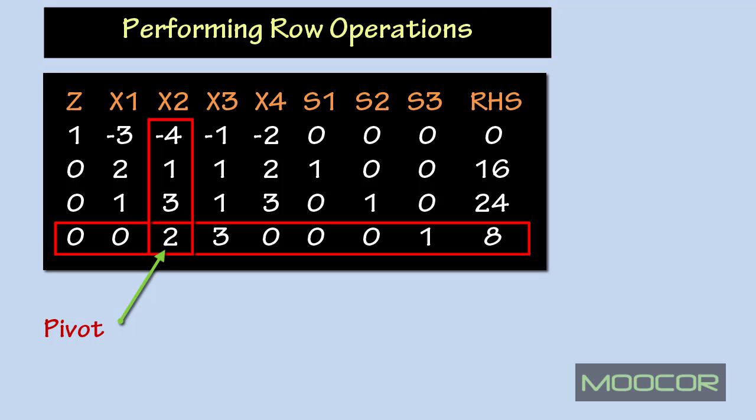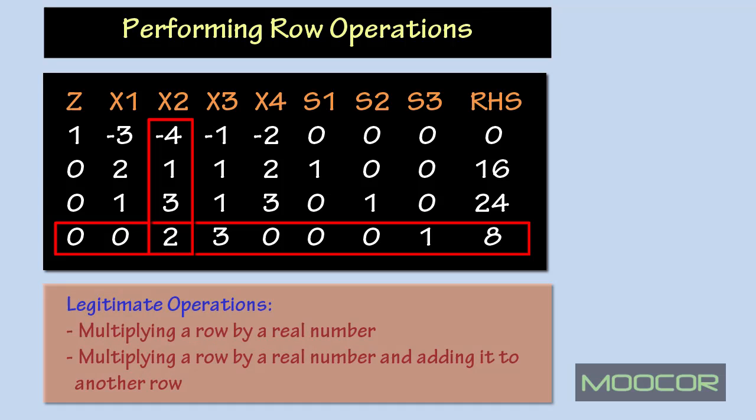So in row operation, what are the legitimate steps that we can perform? The legitimate steps are multiply a row by a real number, and the other one is multiplying a row by a real number and adding it to another row. Just these two will take care of what we want to do.